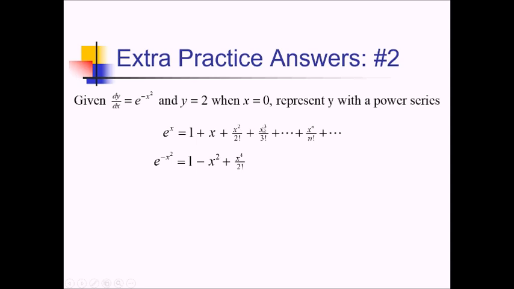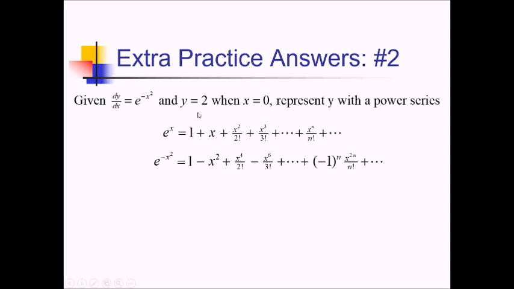But for this next one, we're taking 3 of those negative x squareds and multiplying them together. So that becomes a negative x to the 6th over 3 factorial. And because the sign is going to change depending on whether the original exponent's even or odd, for the general term here, I'm going to have to do negative 1 to the n, and then x to the 2n over n factorial. All right, so this is the series for the derivative.